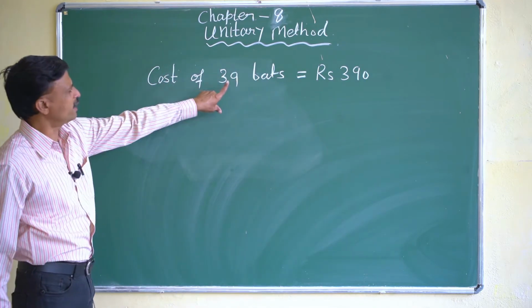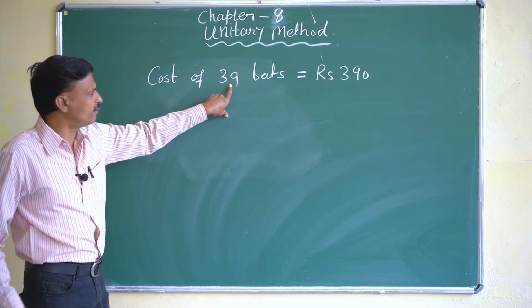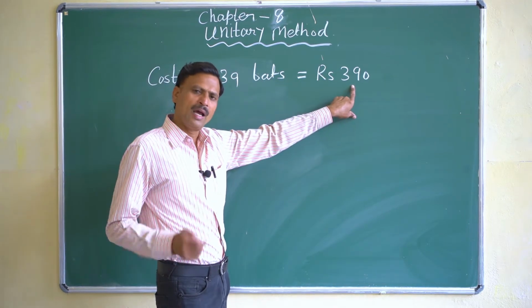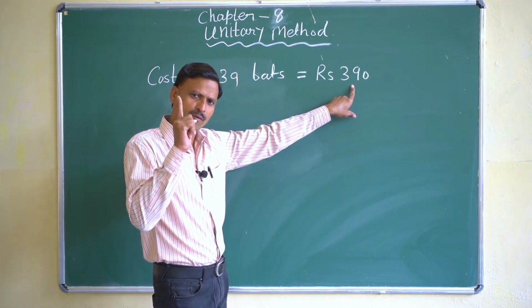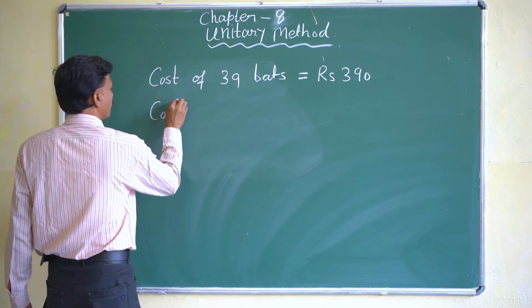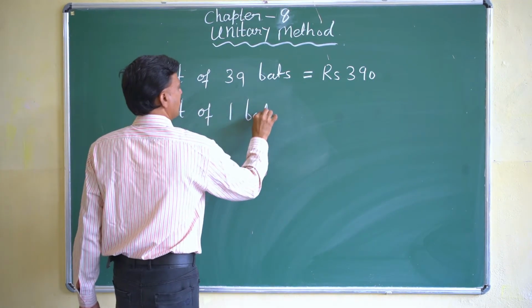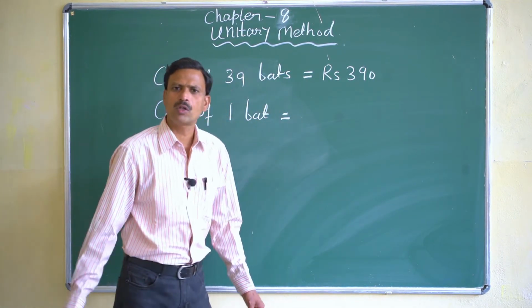So definitely it is more than 1. The value of 39 bats is given, that is rupees 390, and we have to find the cost of 1 bat.